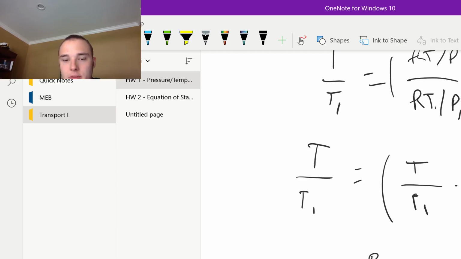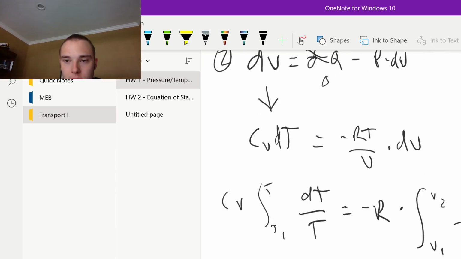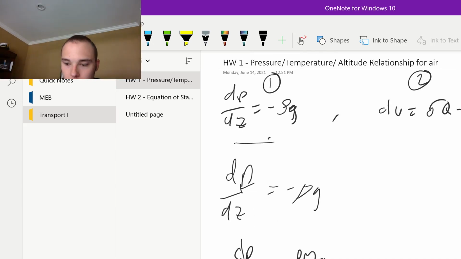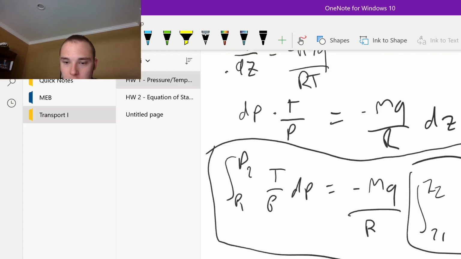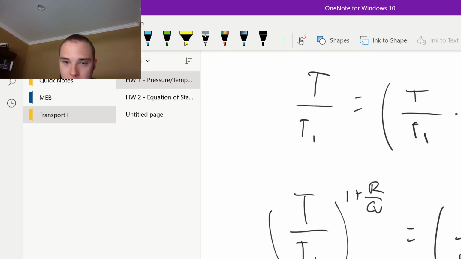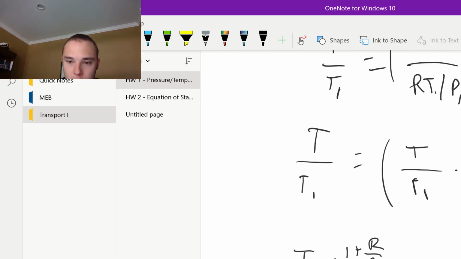So now looking at this from one of the terms we defined up here earlier, we know that the CP is equal to 1 plus R over CV. And then from that, we will also end up getting CP over CV, which will turn into our K, which is our specific heat capacity constant. So we know that our R over CV will be equal to CP minus CV over CV.